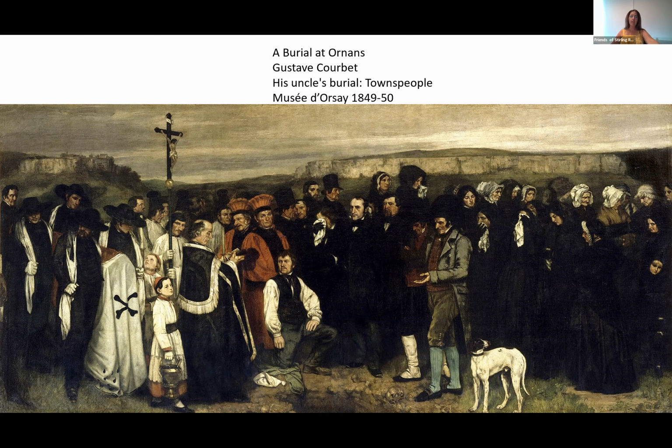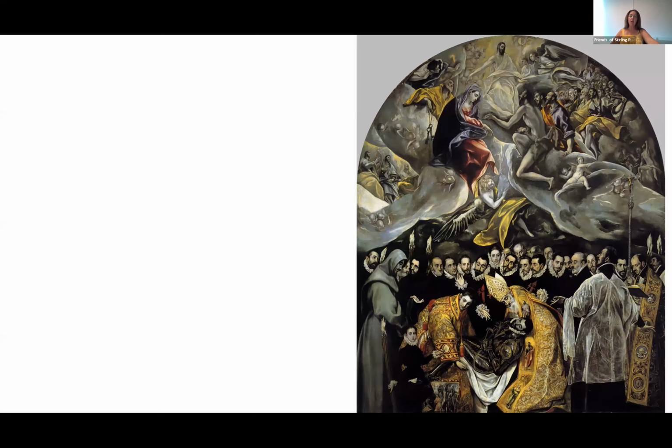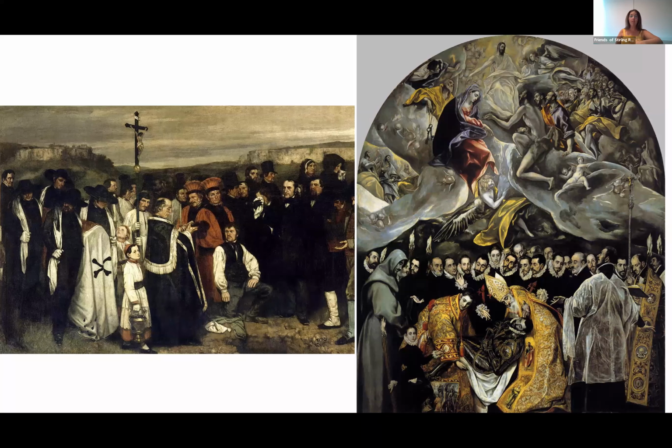This is a realistic representation, not an idealization, but a realistic painting, in comparison to painters like El Greco, whom they are also going to admire. Spanish painting for them is very important. The Burial of the Count of Orgaz by El Greco is one of the masterpieces of this Spanish painter, and it's a little different from this realistic way of painting by Courbet.